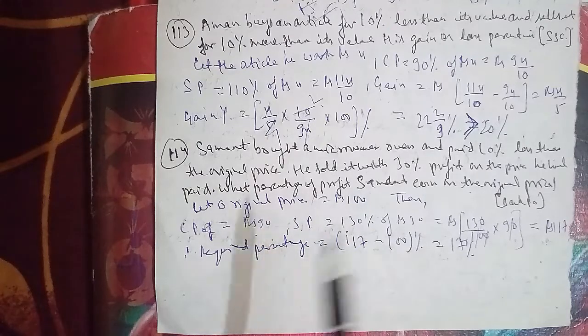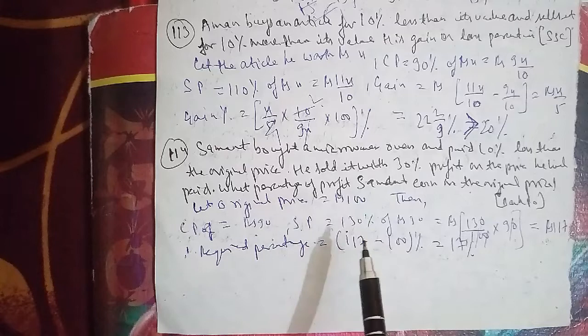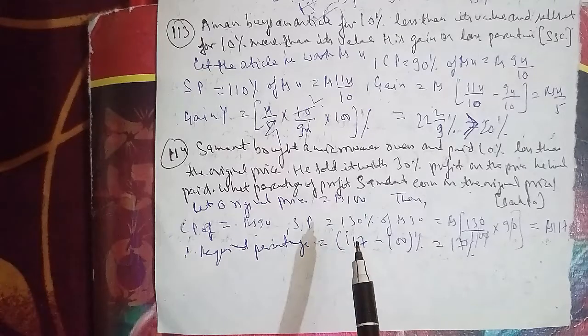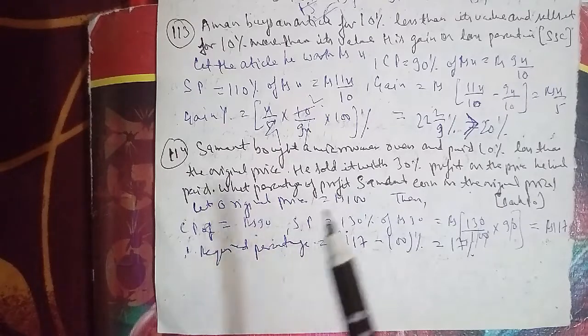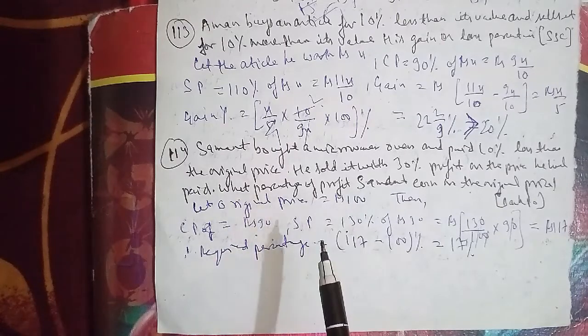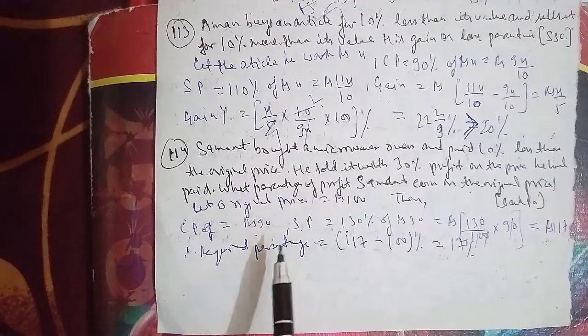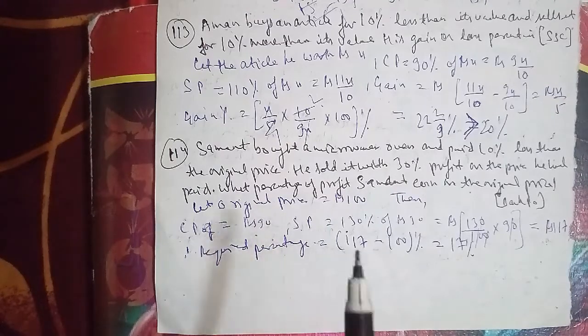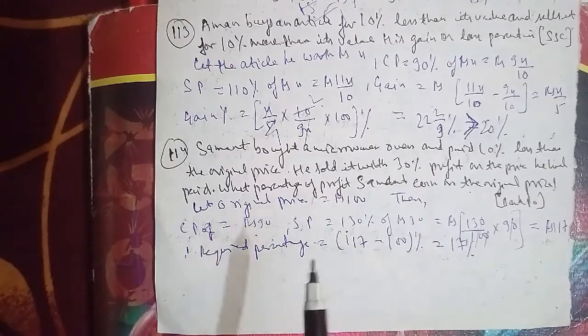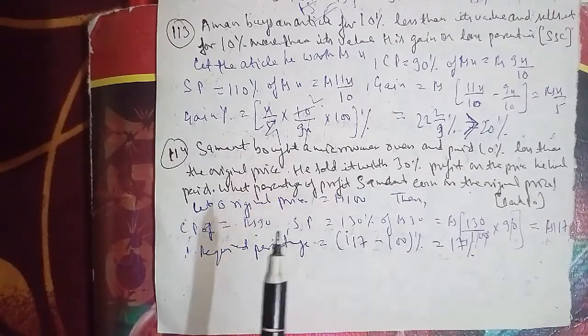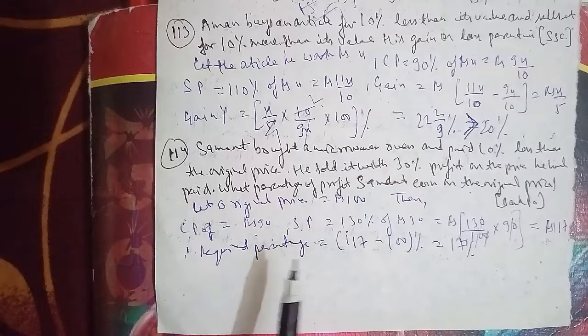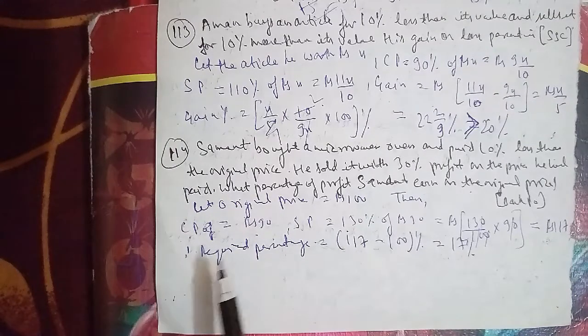Next we will discuss ratio and proportion, partnership, chain rule, time and work, pipes and cistern, time and distance, problems on trains, boats and streams, alligation and mixture, simple interest, compound interest, logarithm, area, volume and surface area, races and games of skill, calendar, clock, stocks and shares, permutation and combination, probability, true discount, banker's discount, height and distance, odd man out series, and data interpretation. We have to cover tabulation, bar graphs, pie charts and line graphs.